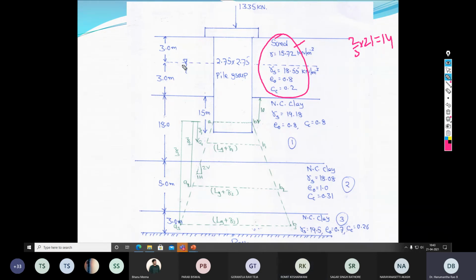Only depth matters because this depth governs your elastic settlement. So you are accounting for the sand layer by calculating the elastic settlement. And so let's consider clay layer for consolidation settlement. So please note down accordingly.